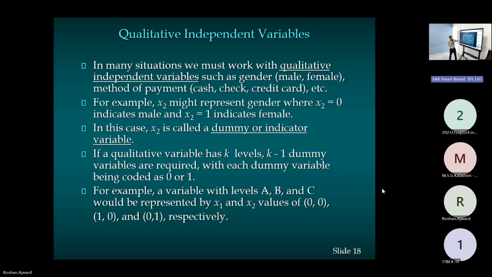Qualitative independent variables are called dummy or indicator variables, like 0 male and 1 female, 0 and 1.